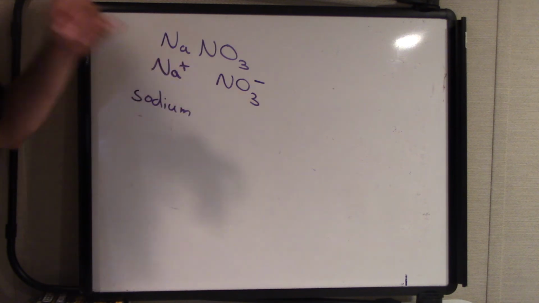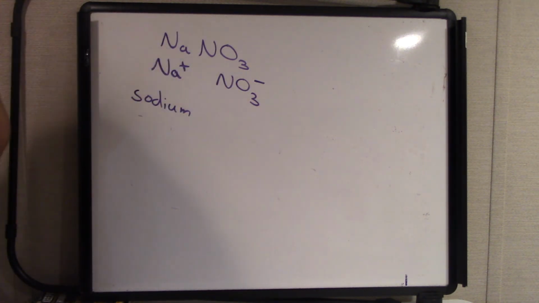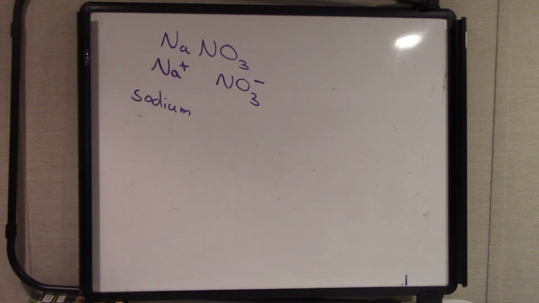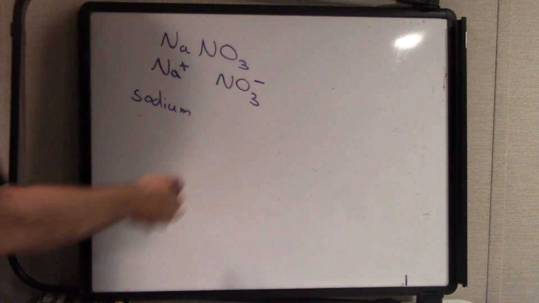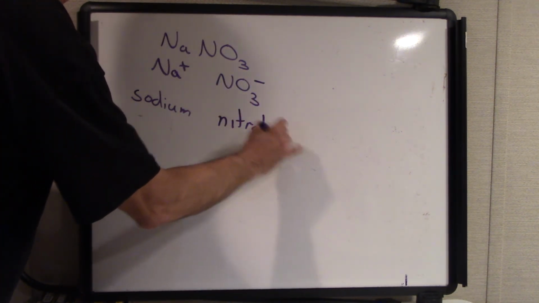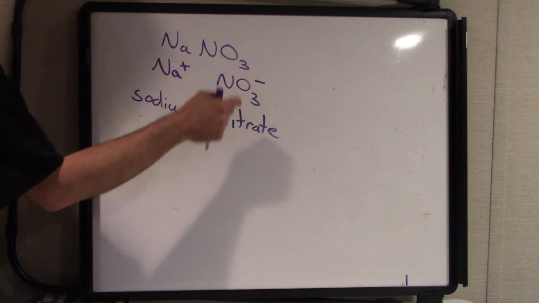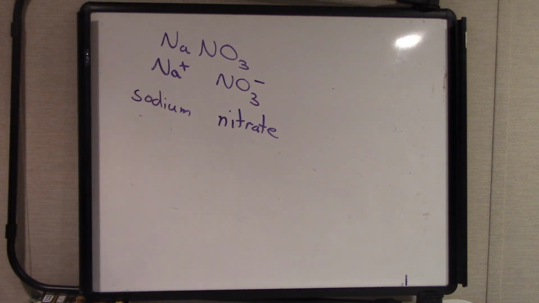But this specific thing, NO3-, has a specific name. You just use the specific name for that. NO3-1 we call nitrite.